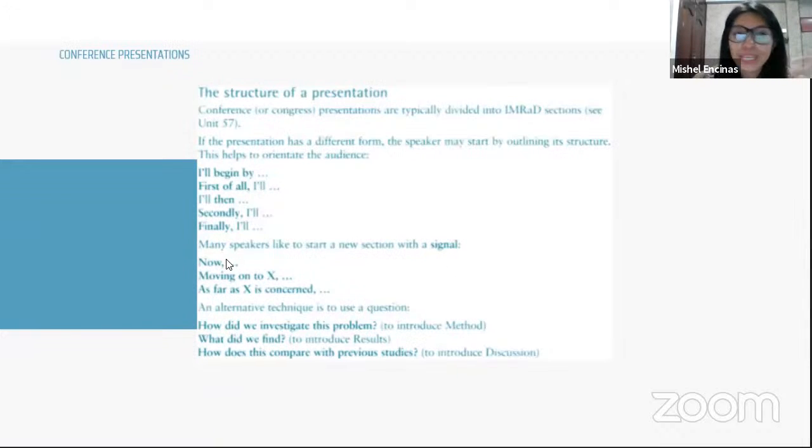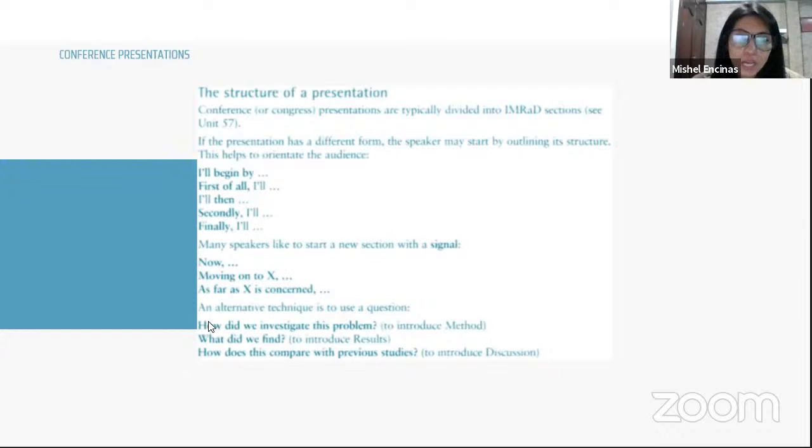For example, now we're going to pass the slides and show that, and you explain what you are going to do. Moving on to maybe slide 35, you will show what is going on in this slide. Okay, as far as X is concerned, you can talk about maybe a result or something.